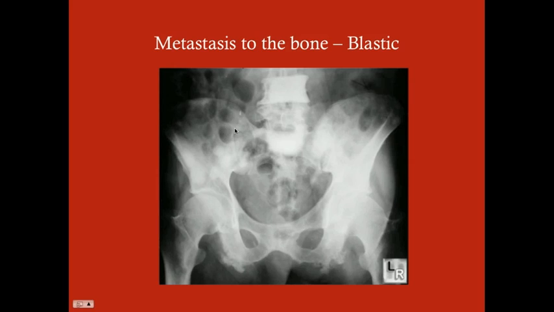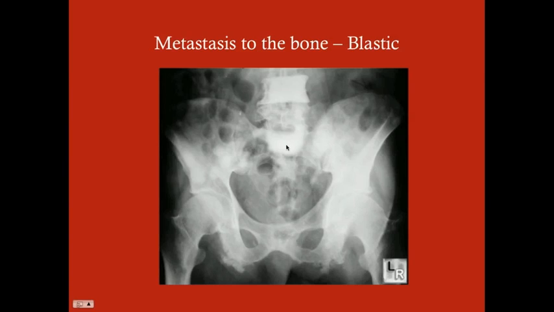So you can see, and these aren't lytic lesions here, this is intestine. But one of the great places to look when you're looking for blastic lesions is both the hip, which you can see blastic lesions here and here and here. What you're looking for is just more white.